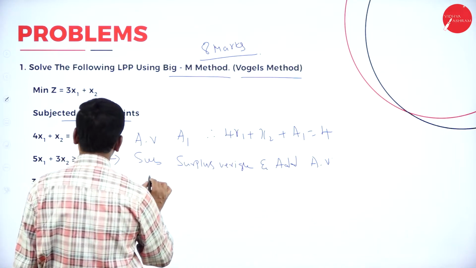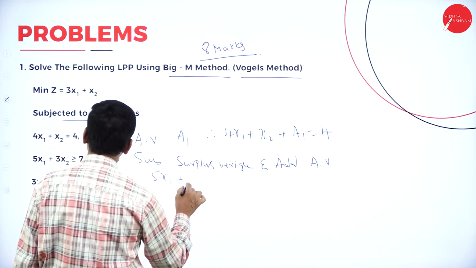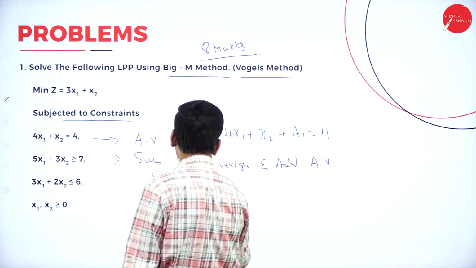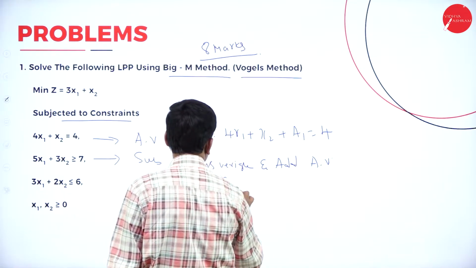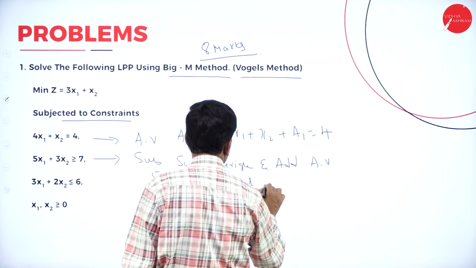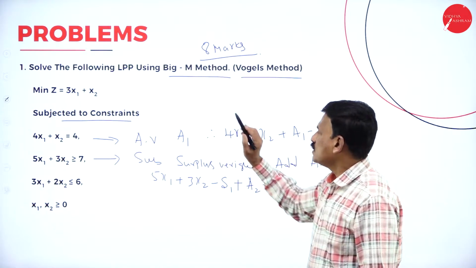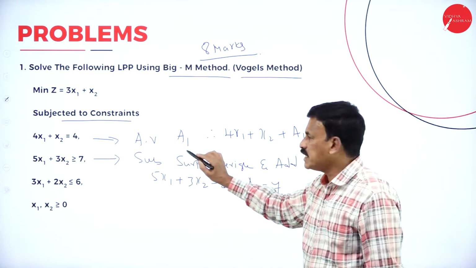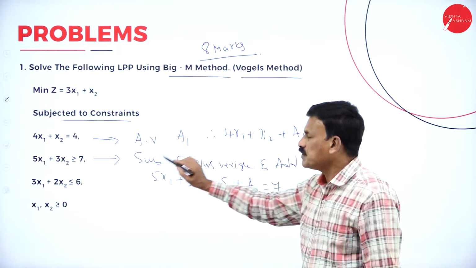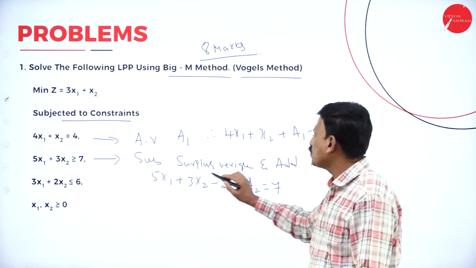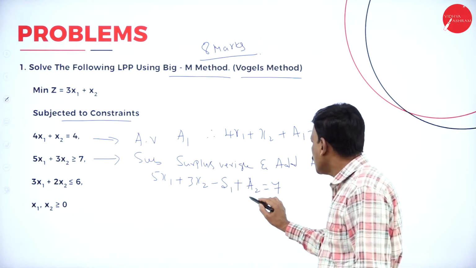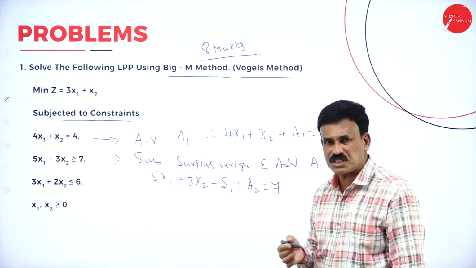So this equation becomes 5x1 plus 3x2 minus s1 plus a2 is equal to 7. Right. If it is of equal to, add an artificial variable. If it is of the type greater than or equal to, subtract one surplus variable and add an artificial variable.